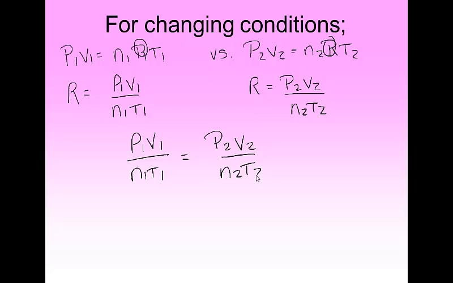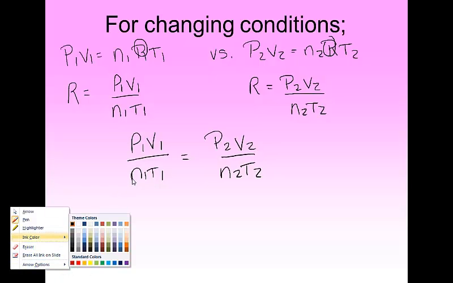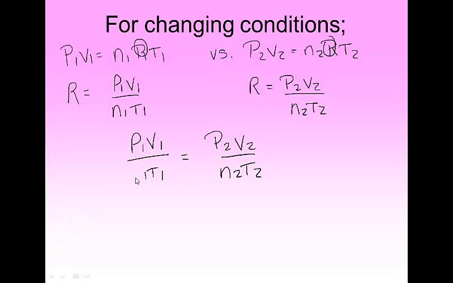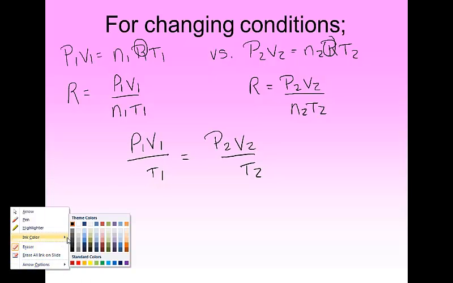put all the stuff in that's in the problem, and whatever's constant, hold it out. For example, let's say you're reading a problem and the number of moles remains constant. Well, you're going to be able to remove this variable from the equation, and what do you got?